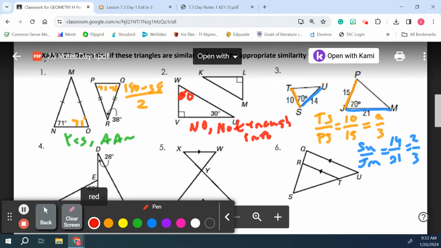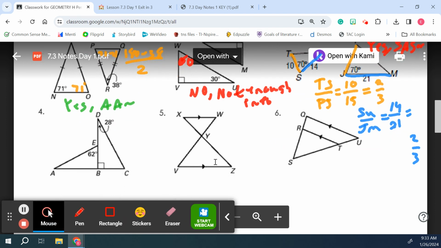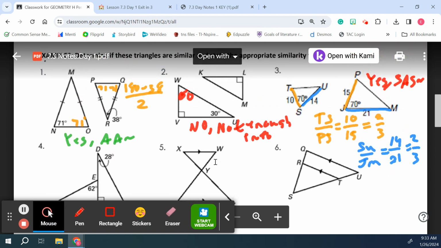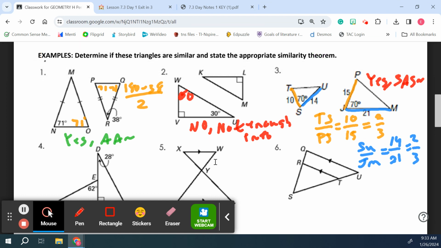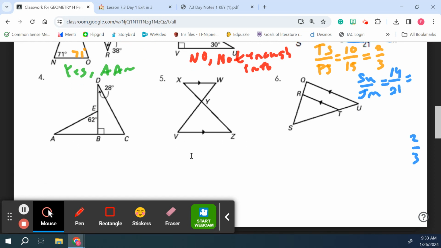Why? Beautiful. So this is a yes. And this is by side, angle, side. Do not forget the squiggly, that's similarity. All right, any questions on this? Everybody still writing before I move? All right, 4.